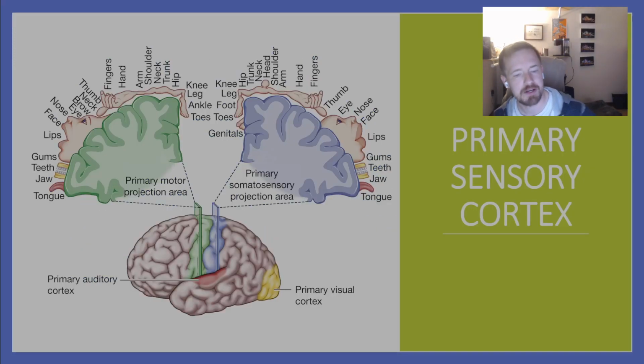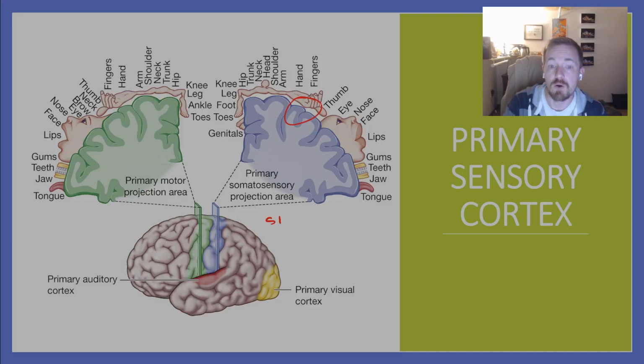Alright, so the primary sensory cortex is also another really important area of the brain, and this is the area that helps us move and that helps us have awareness of our bodies. You can see what they call S1, the primary somatosensory cortex, where essentially our bodies are laid out anatomically, or roughly anatomically, across our head.